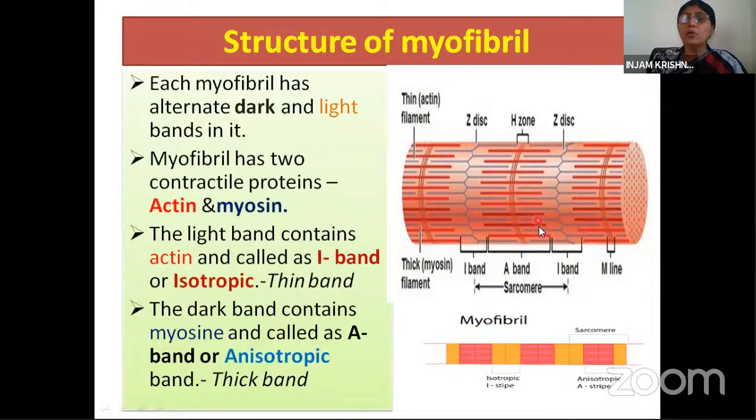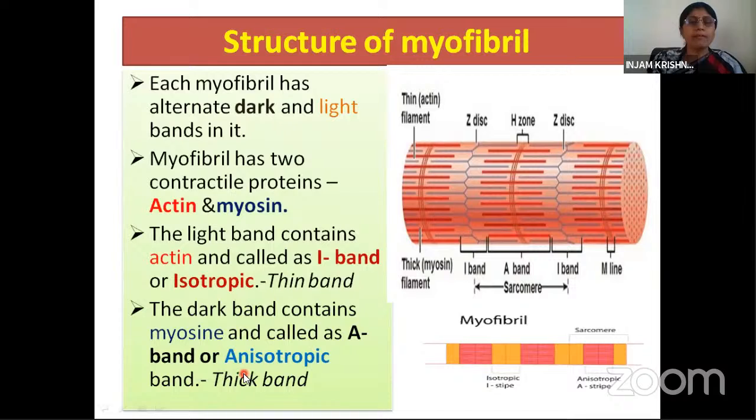Due to the two kinds of proteins and the thick nature of the myosin filament, it looks dark in color. That's why we call it a dark band. So they are arranged alternately. The dark band contains myosin and is called the A band or anisotropic band.